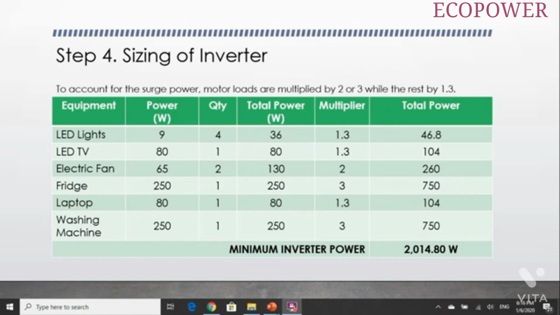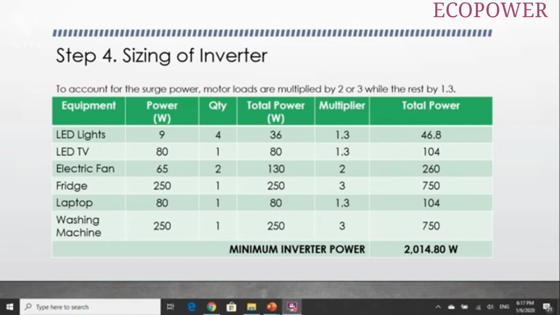For motor loads such as the fan, the fridge, and the washing machine, we will multiply its power by 2 or 3. For lighter loads such as the LED light, the multiplier would be 1.3.